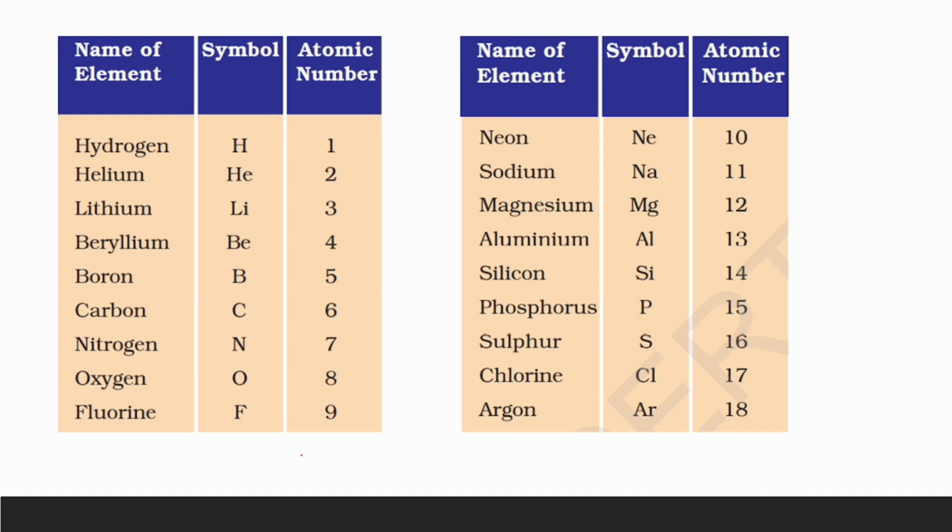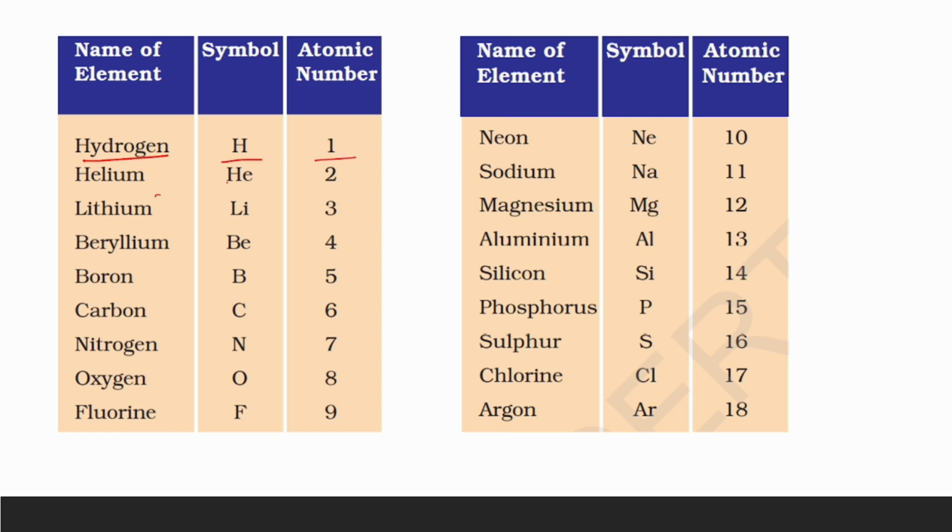So here is a table where different elements are given with their atomic numbers and also the symbols. We have studied the symbols of the elements in the previous chapter. You should revise that also. You can see the first element here is hydrogen. The symbol is H, and the atomic number is 1.